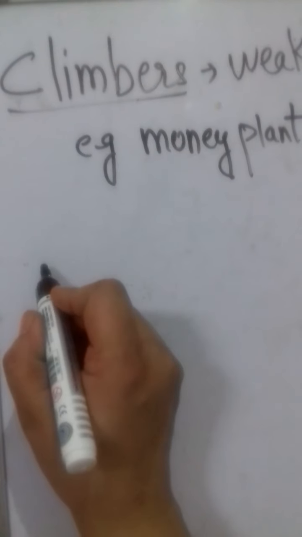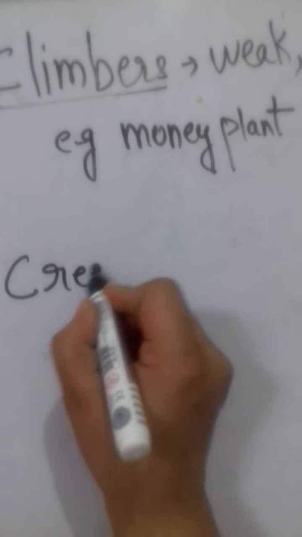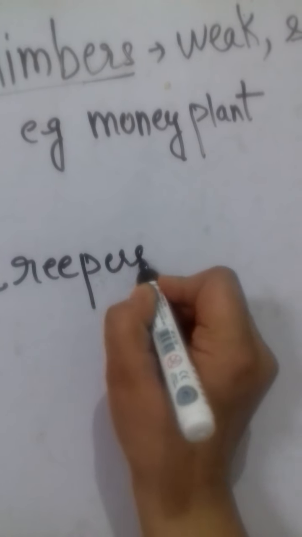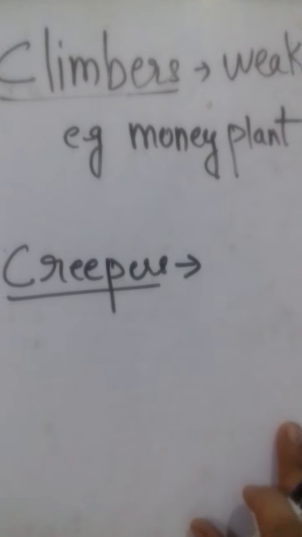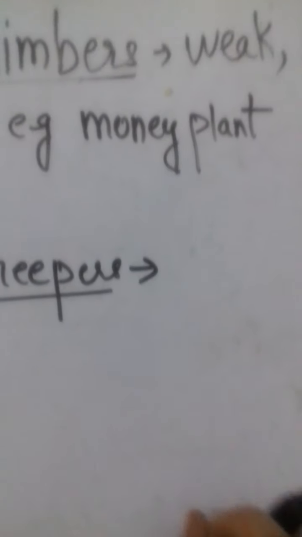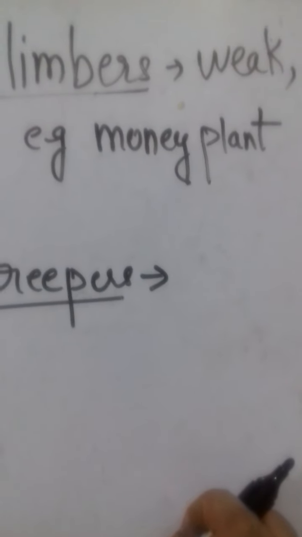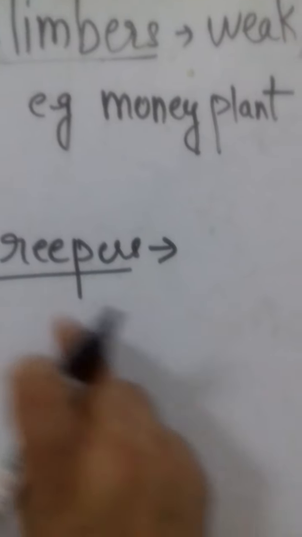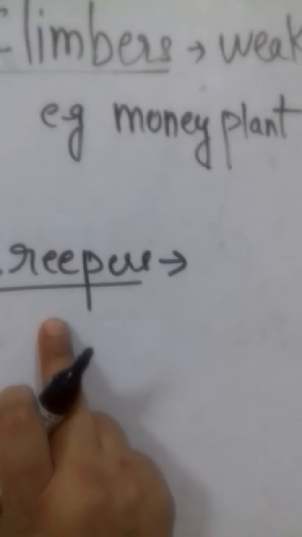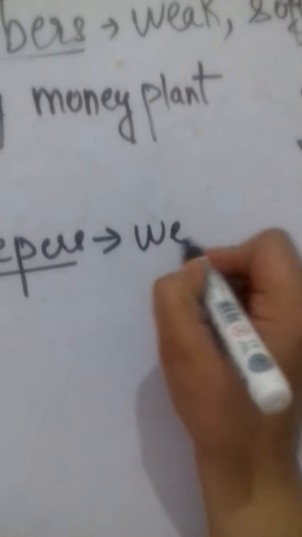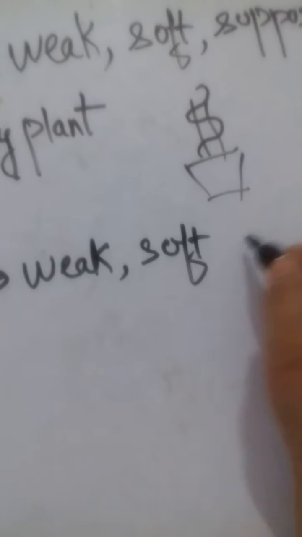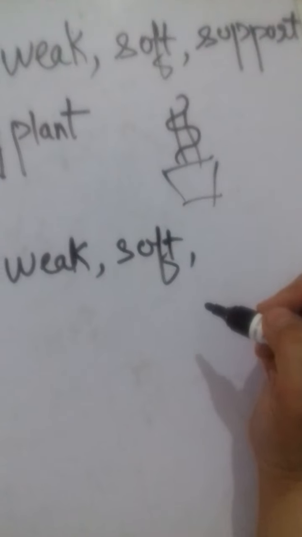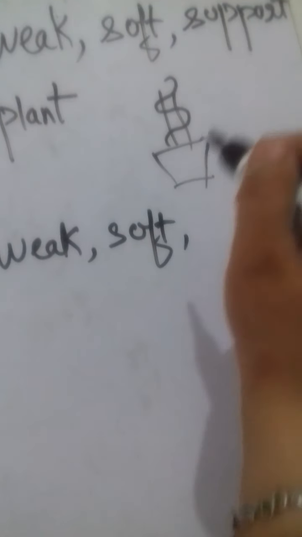Other type of plant we have is creepers. You all know creepers are the creatures which crawl on the ground. For example, snake. They crawl on the ground. In the same way, in some plants, the stem is very weak, just like climbers, and soft, but they have heavy fruits, so they cannot climb.